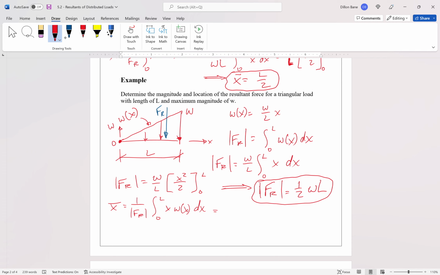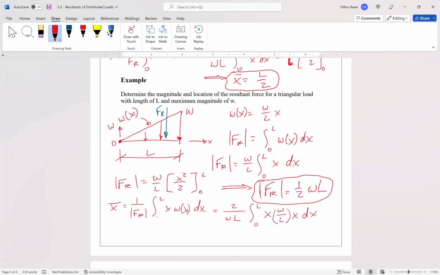So 1 over F_R, which is WL over 2, so I'm actually just going to put that 2 on top. I'm going to have 2 over WL times the integral 0 to L of x times w(x), which is W over L times x dx.